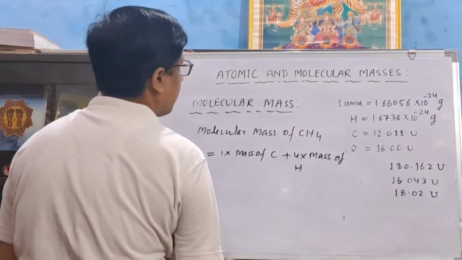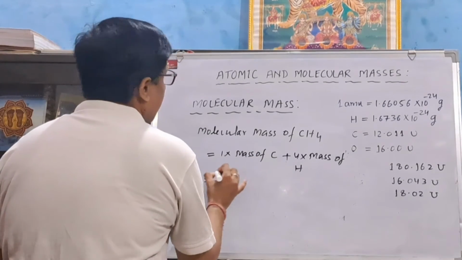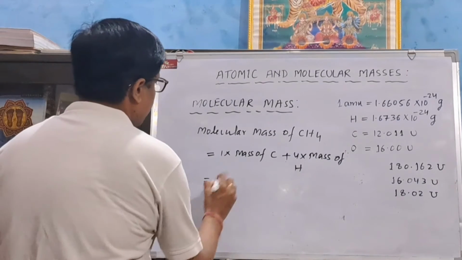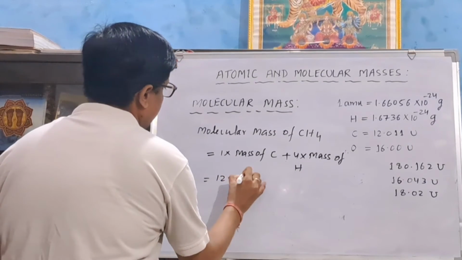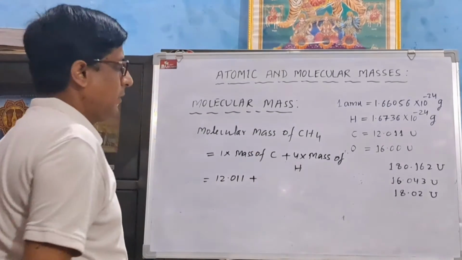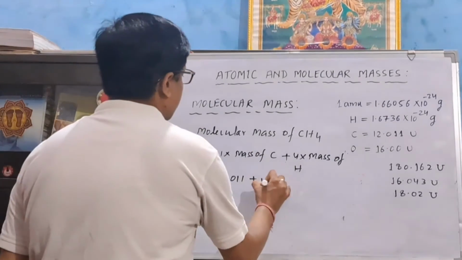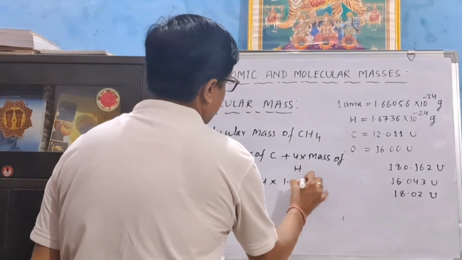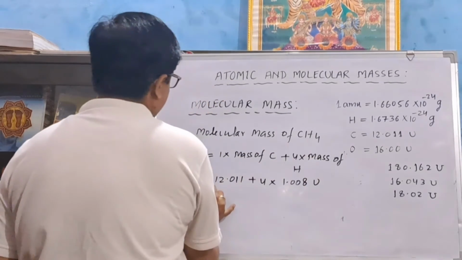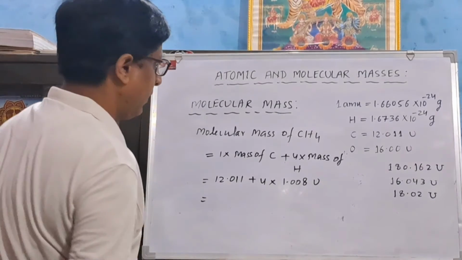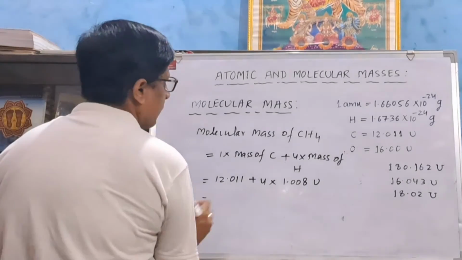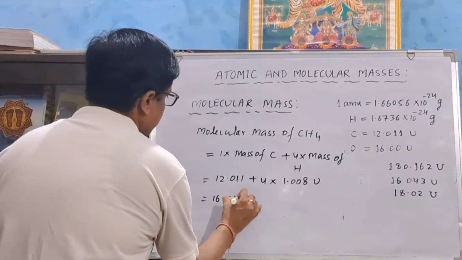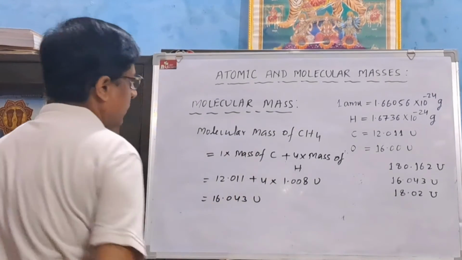The mass of one carbon atom on the u scale is 12.011, plus 4 × the mass of one hydrogen atom, 1.008 u. After addition, the mass of methane comes out to be 16.043 u.